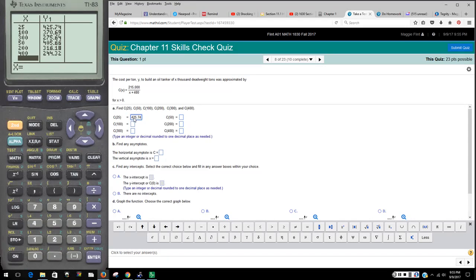425.74. And this, notice again, says rounded to 1 decimal place. So I don't want 74, although I would go in and give you credit for it. It just wants the 7. The C of 100 is going to be 370.7. 300 for X means that your cost is going to be 275.6.